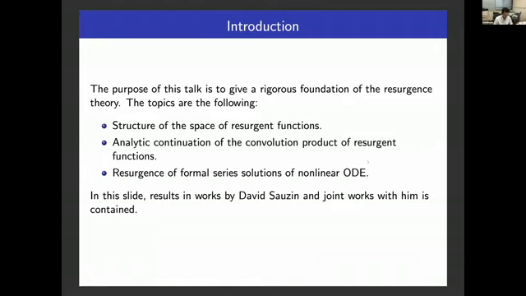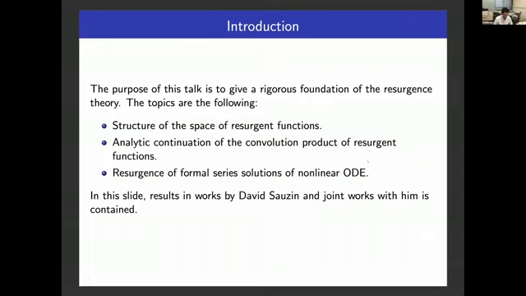Some key estimates or key theorems in resurgence analysis were still unclear. So the purpose of this talk is to give a rigorous foundation of the resurgence theory, and the topics are the following 3 topics. The first one is the structure of the space of resurgent functions.